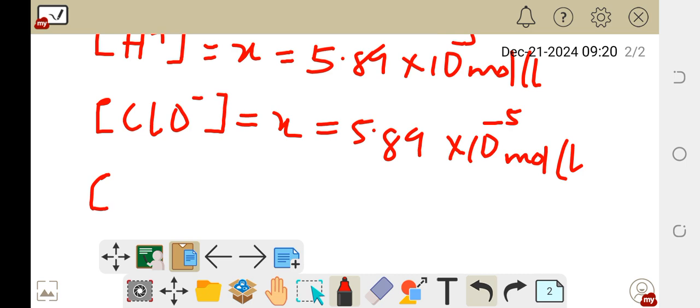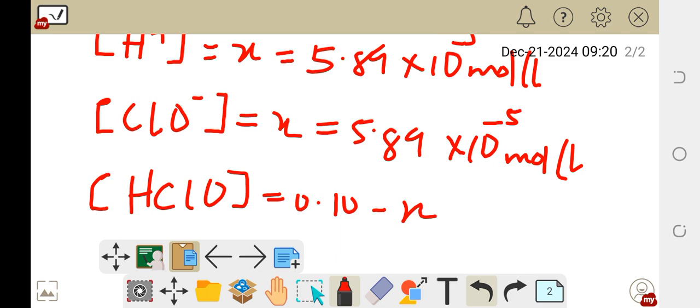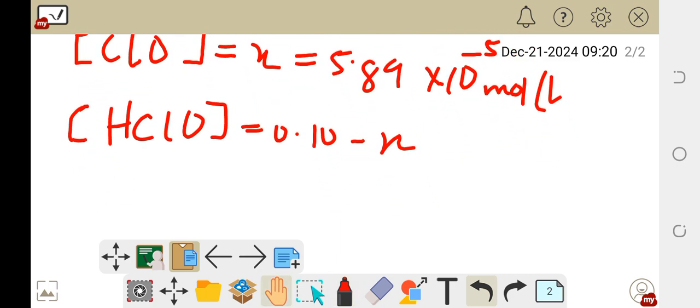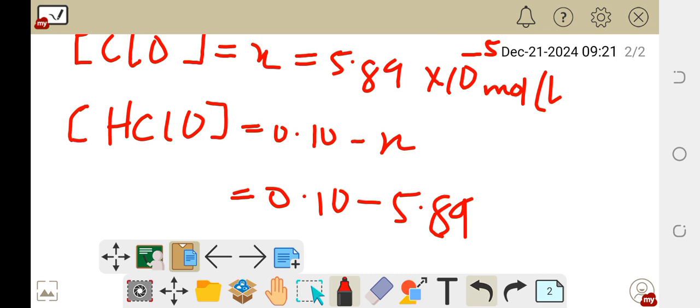Equilibrium concentration of the hypo based on the ICE table is 0.1 minus X. So when we substitute the value of X, 0.10 minus 5.89 times 10 to the power of negative 5, still in mole per liter.